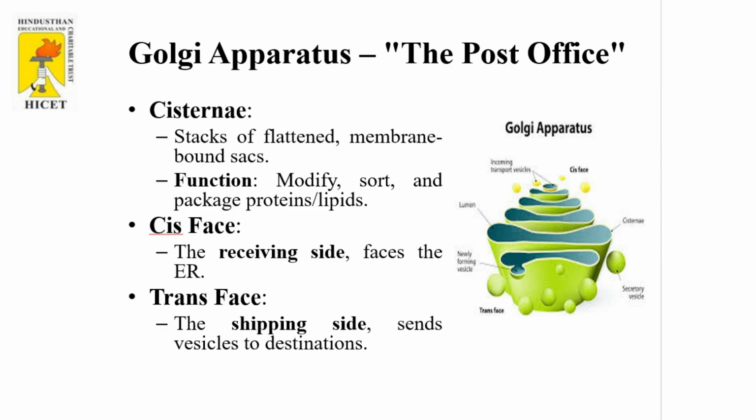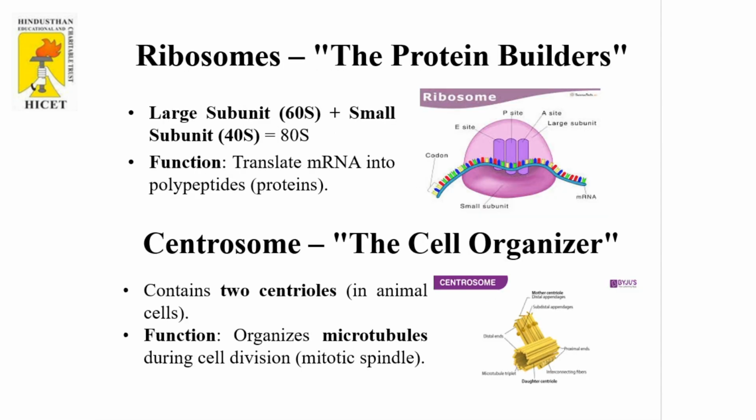The next is the ribosomes. The ribosomes are the protein builders. They are built as larger subunits and small subunits, which are the 60S and 40S in size, so totally an 80S ribosome is produced. The function is translation of messenger RNA into proteins.